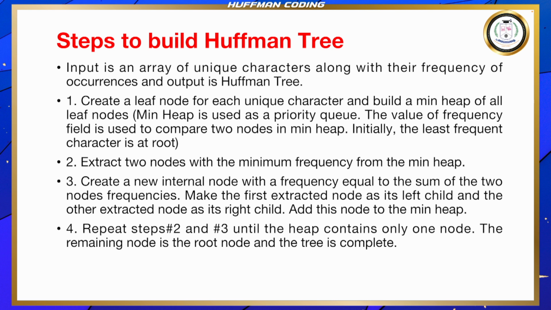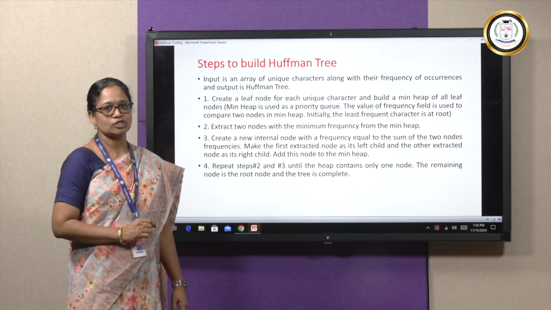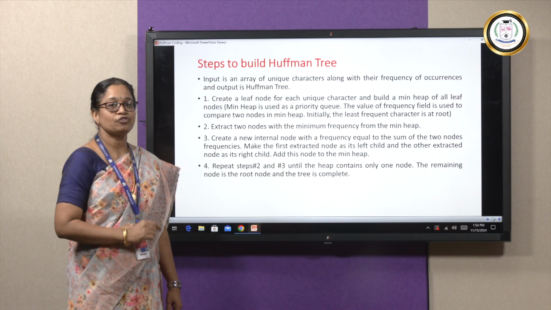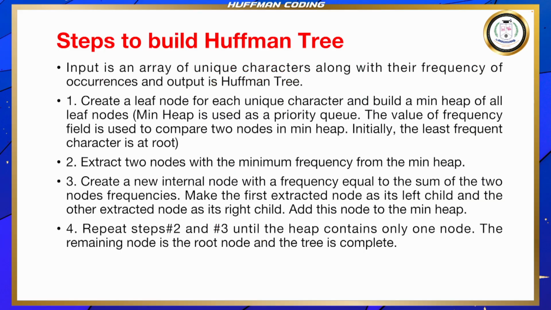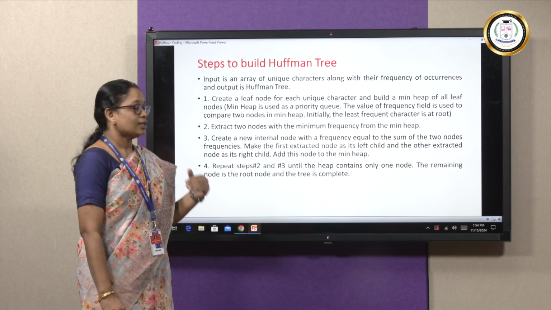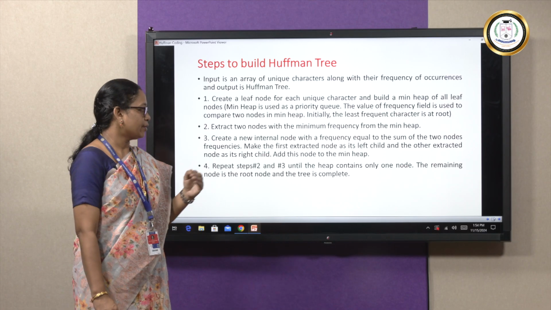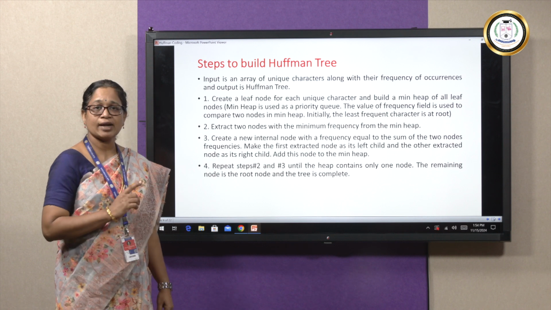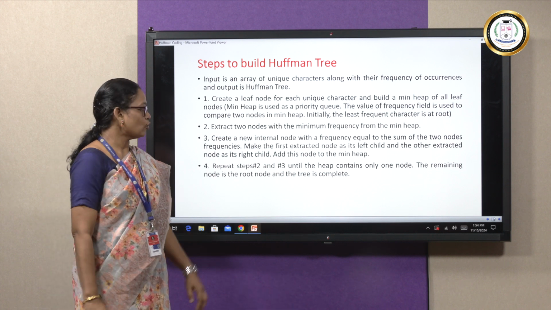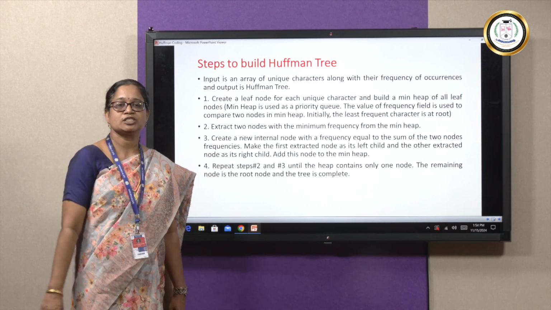The next step is to create a new internal node with a frequency equal to the sum of the two nodes' frequencies. Make the first extracted node its left child and the other extracted node its right child. Now steps 2 and 3 are repeated until the heap contains only one node. The remaining node is the root node and the tree is complete now.